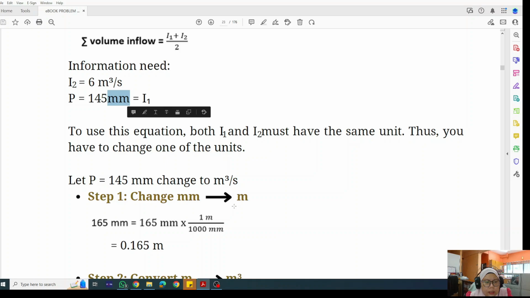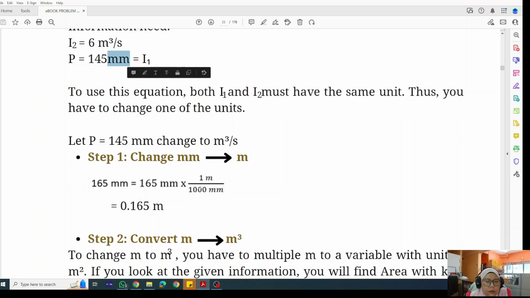So let's change one by one. Okay. So first we have to change mm to meter. So to convert 145 mm to meter, we have to divide by 1000 because 1 meter equals 1000 millimeter.